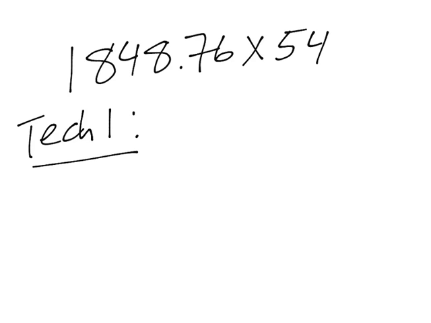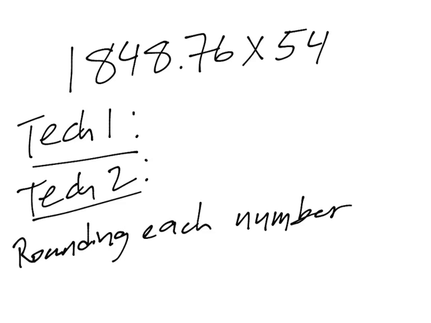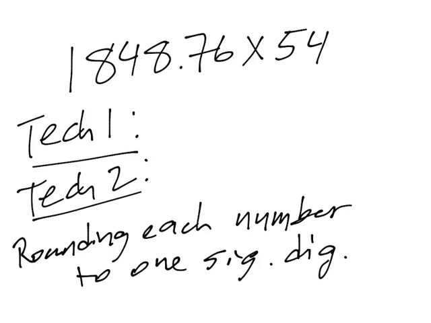Then we'll use Technique 2, and then finally we'll try by rounding each number to one significant digit. I have a tendency to abbreviate significant digit to SIGDIG, because SIGDIG's kind of fun to say. All right, so we'll try Technique 1 first.